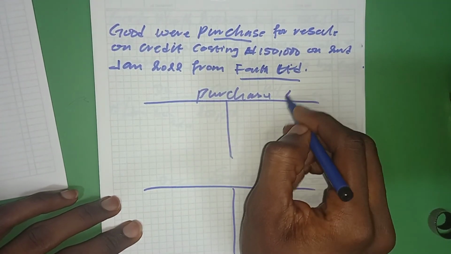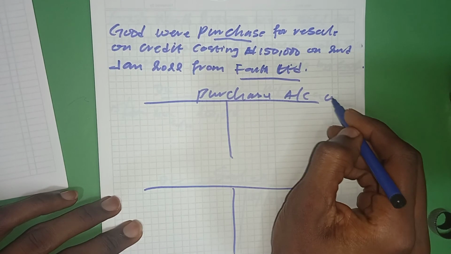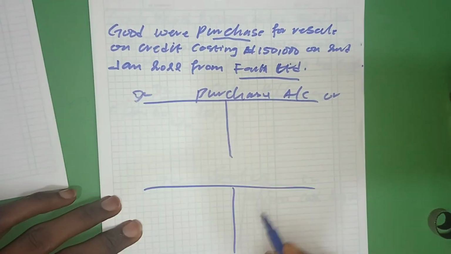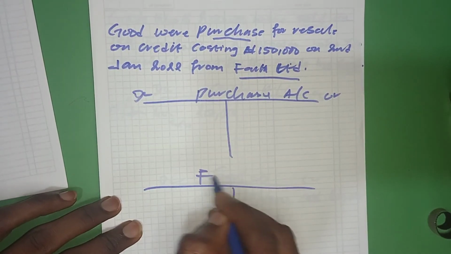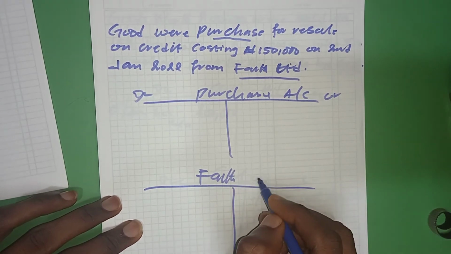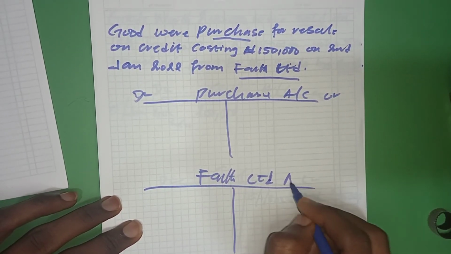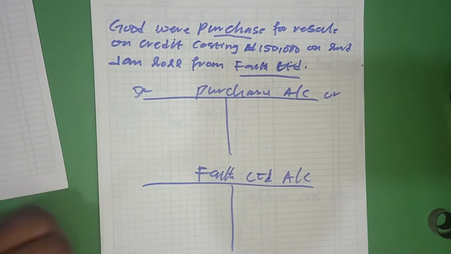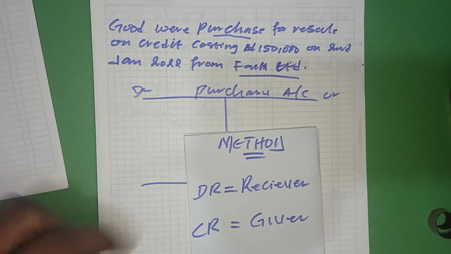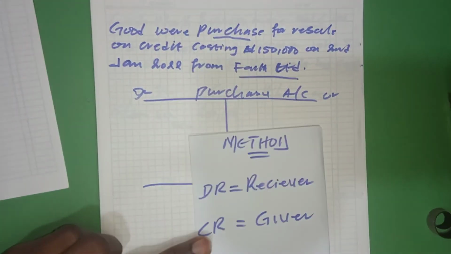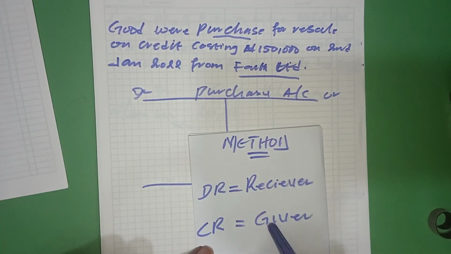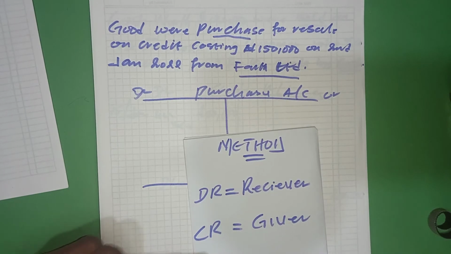Purchase account and Faith Limited account. Now, since we are the one receiving, we are going to debit purchase and credit the giver.